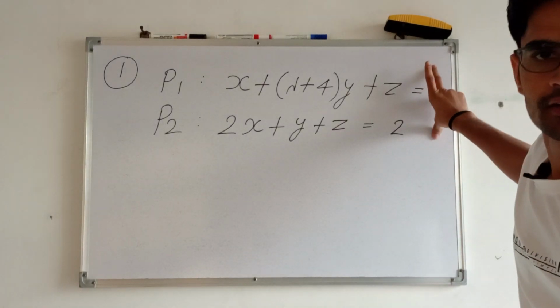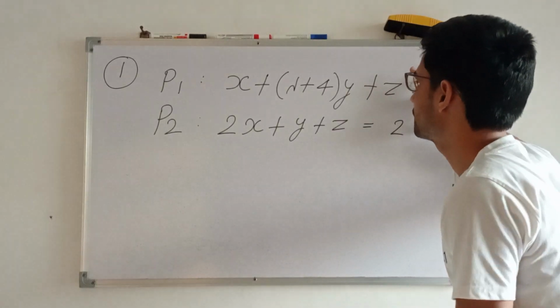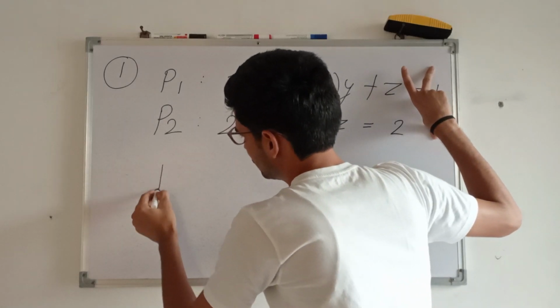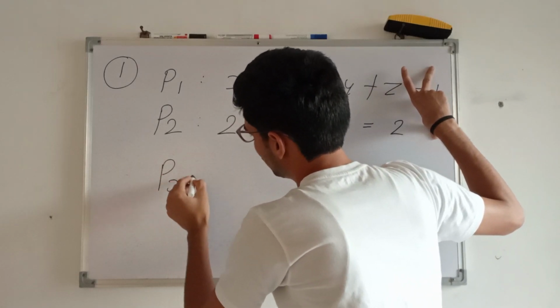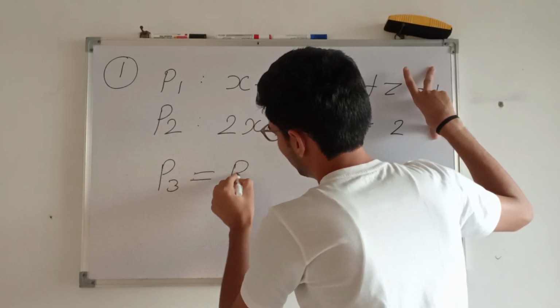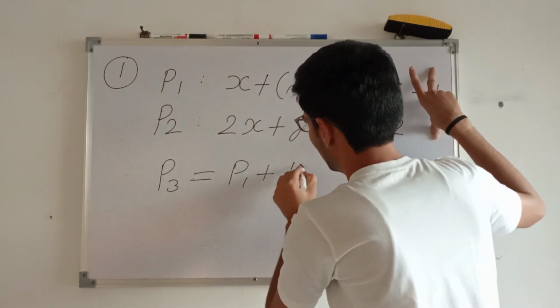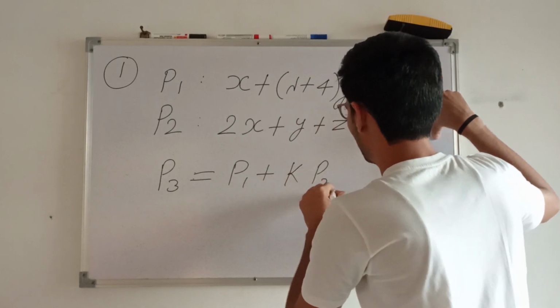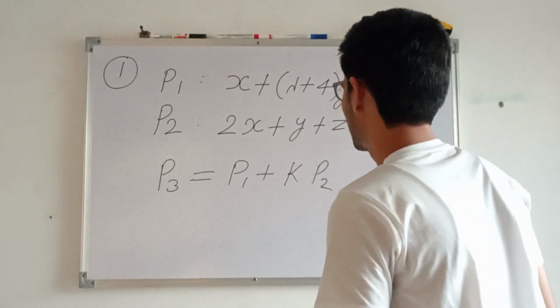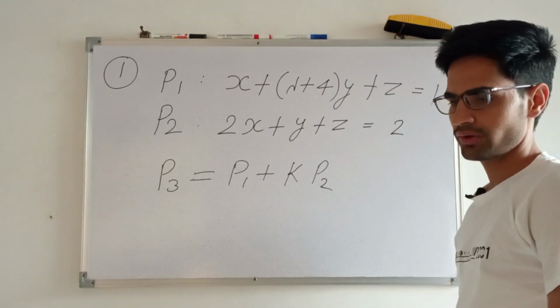If we want to find a third plane which is passing through the intersection of these two planes, then the equation of plane P3 would be P1 plus K P2. What is K? K is an arbitrary variable that we will find from the given points.